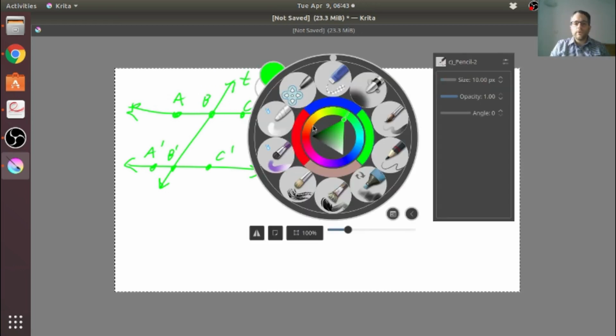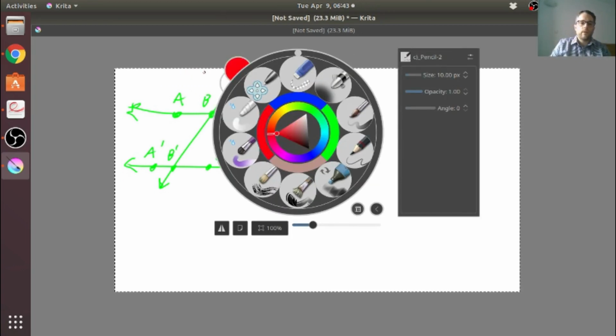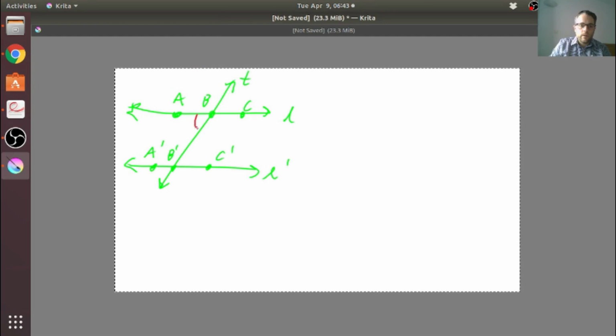So the alternate interior angles are the angles A B prime B and B B prime C prime. Those are the alternate interior angles, okay? Or C B B prime, and this other one, B B prime A prime.